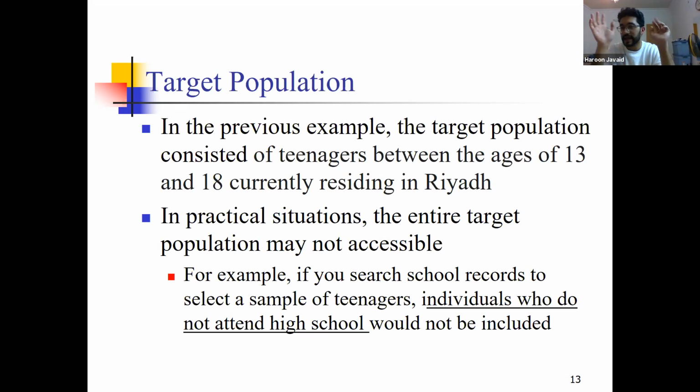So you go for a study population. Study population is the people you have access to, which is basically a subset of the target population. So when you are taking samples from this lesser subset, the sample may not be representative of the larger population that you were ideally supposed to take. Make sense?